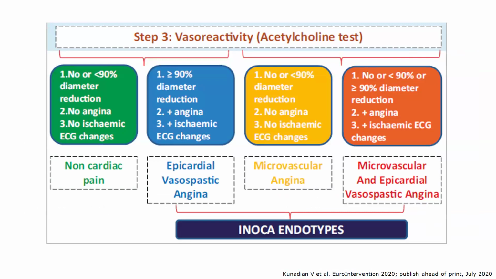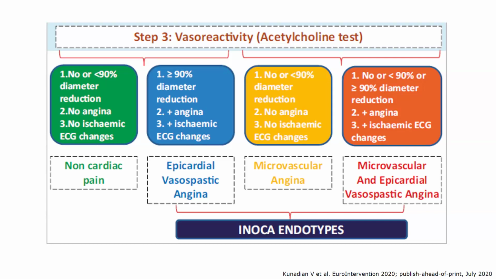When we have a reduction of coronary artery diameter of less than 90%, no angina, no ischemic changes, and a positive IMR adenosine test, we can diagnose microvascular angina. These symptoms can be mixed.